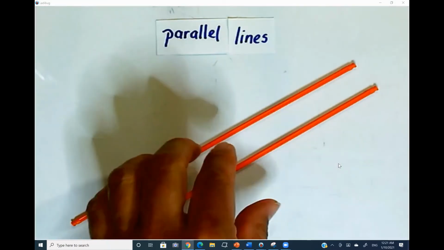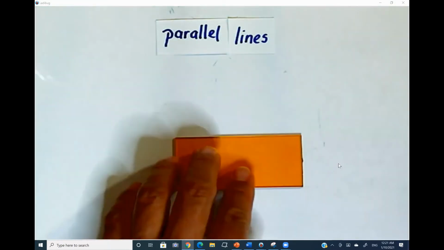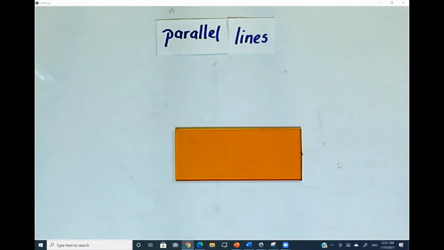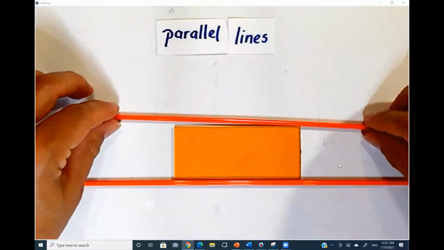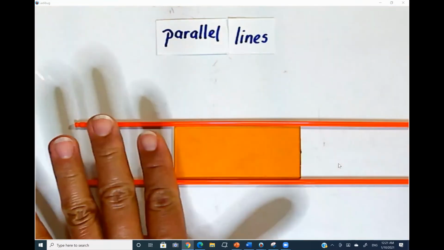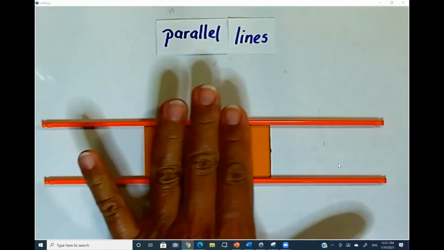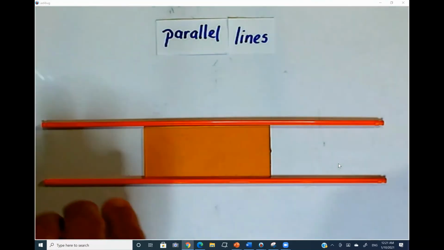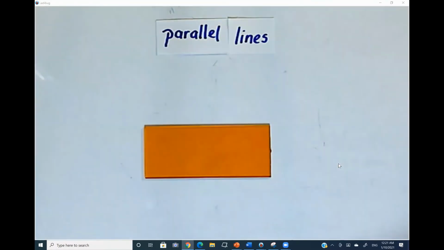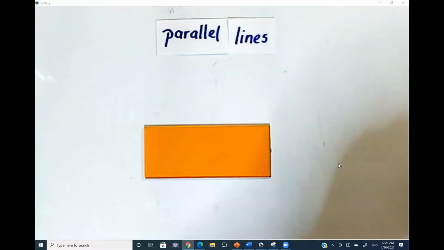Let's use this rectangle to find some parallel lines. If you notice, I can put a set of parallel lines here on each of the sides, and these lines are keeping the same distance from each other, which makes them parallel. I can put another set of parallel lines on the opposite sides of the rectangle.